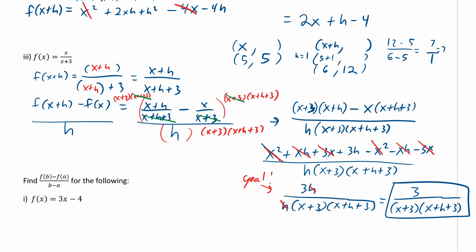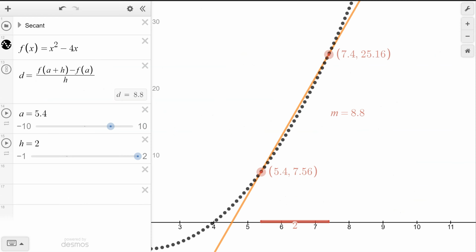If you want to kind of look at it again and try to really think about it, that's great. This is the x. This is our x plus h. So this is our x, and so that would be f of x. And this is our x plus h, and so that would be f of x plus h.